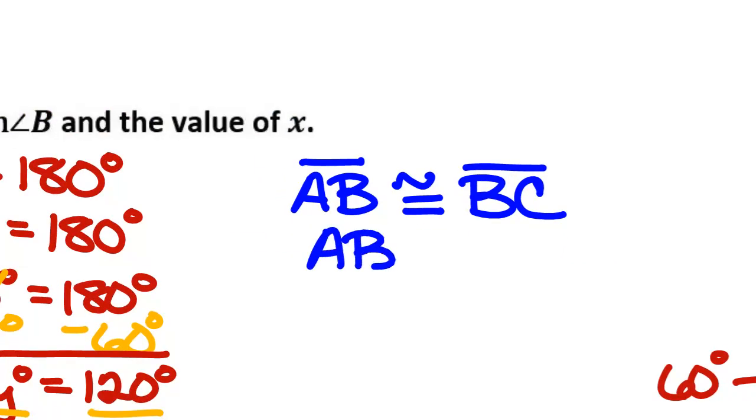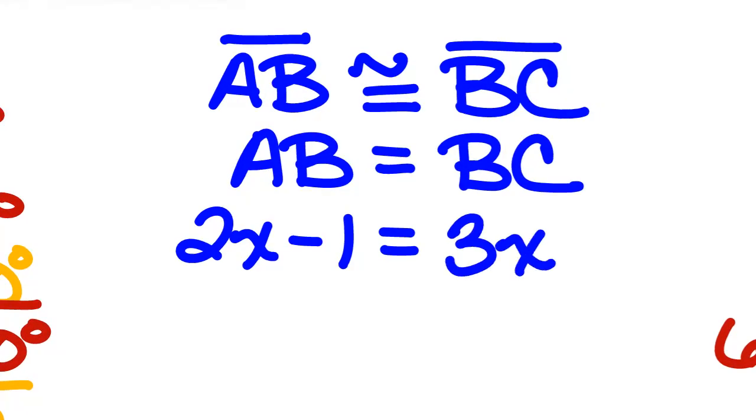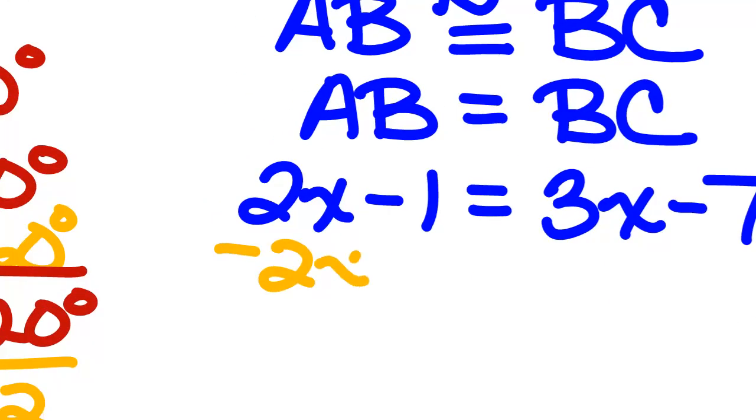So the length of AB is equal to the length of BC. We were told that AB is 2x minus 1. That's on the picture. And BC is 3x minus 7. We get our x's to the same side by subtracting 2x from both sides.